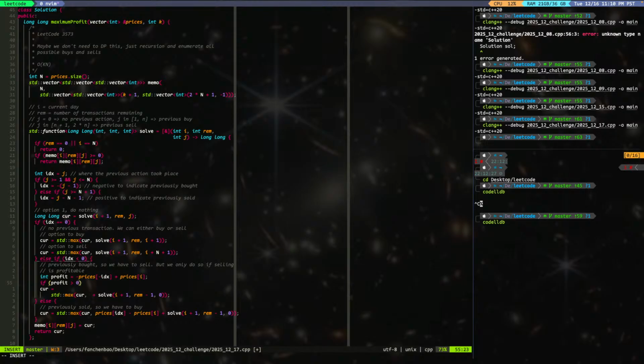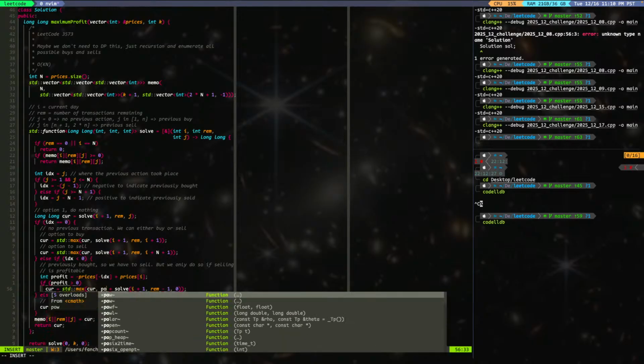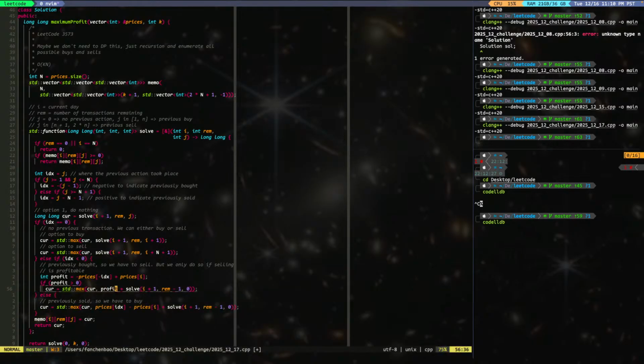It's meaningless. Then we say we do this only if it's larger than 0. Because if it's smaller than 0, we might as well just skip it.